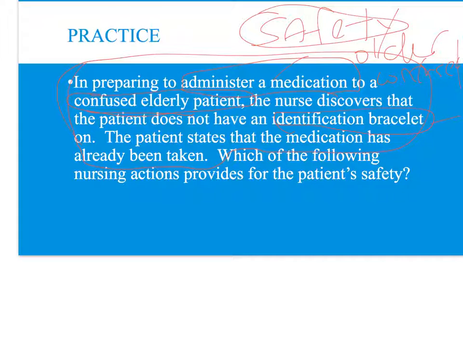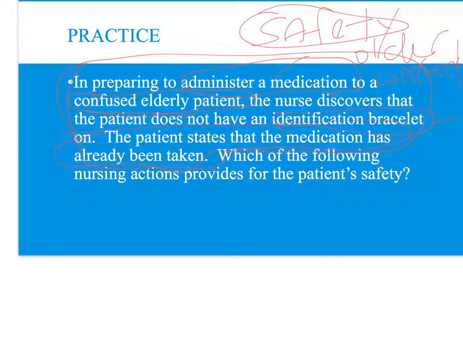The patient is telling me that they've already taken their medicine. So just really looking at that, safety seems to be a major issue here, and there are two reasons why. I have a confused elderly patient that I don't have any way to identify, and the patient is telling me that they've already taken medication. So I have two major problems here.